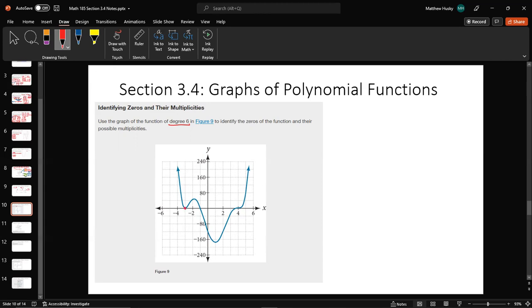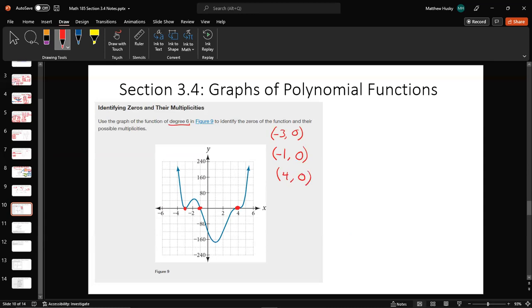We've got this point right here, that's -3, so we have the point -3, 0. That's going to come from that one right there. We've got another point right here, this is going to be -1, 0.